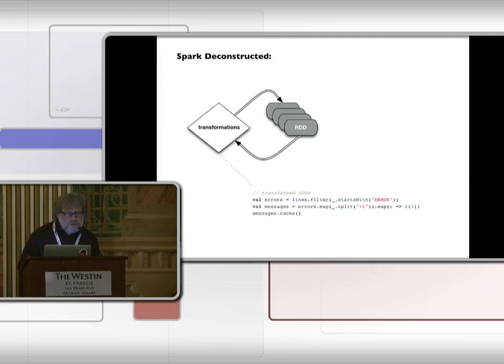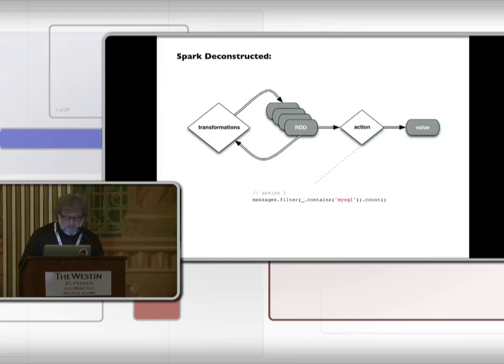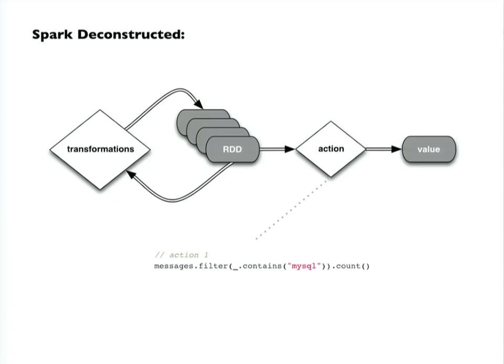Then another way to look at this is that we're applying a lot of transformations, essentially different projections off that RDD. And then finally, we take some kind of action, and the action results in a value. So we see this pattern repeated over and over. I wanted to show a graphical way of looking at the flow of the code.